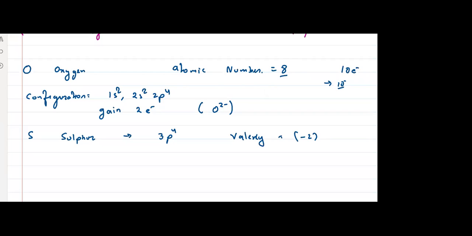What will it do? Tell me, Sanvi. It will take 2 electrons, it will gain 2 electrons. Correct. So oxygen will have 2 extra electrons, and the valency of oxygen will be -2.